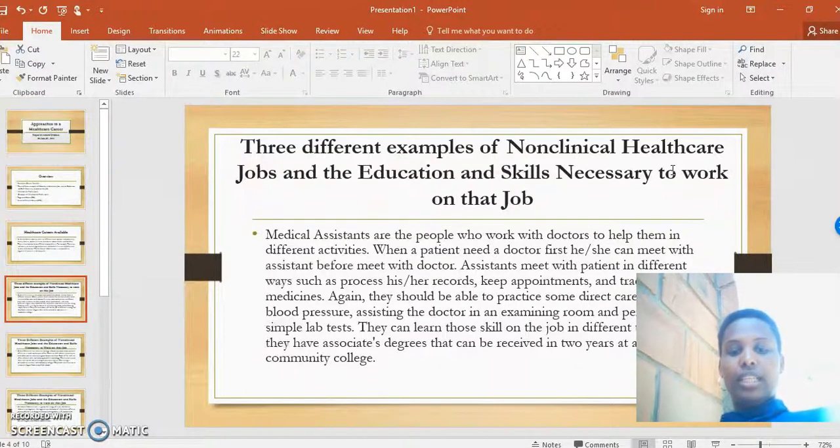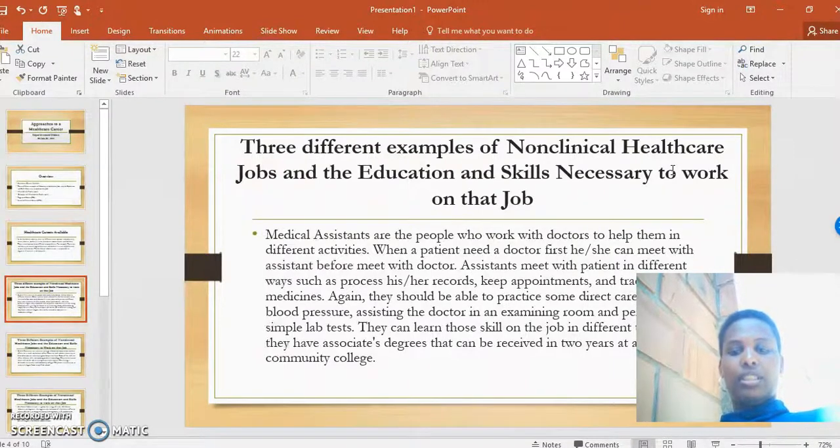They can also learn those skills when they are already on the job. Maybe they can attend different training or workshops at the job in order to improve those skills.